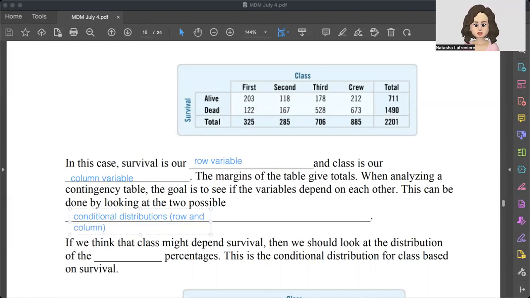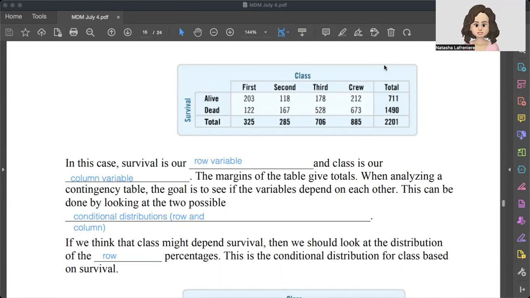If we think that class might depend on survival, then we should look at the distribution of the row percentages. This is the conditional distribution for class based on survival. We're looking at class as in first class, second class, third class, same as if you were on a plane. Did it really matter which class they were in?